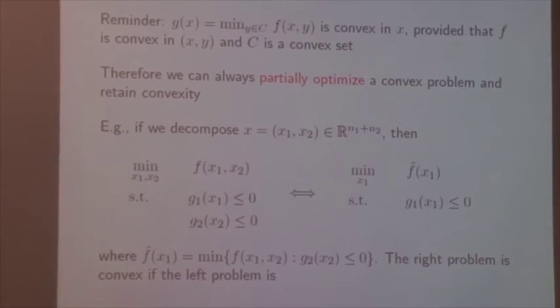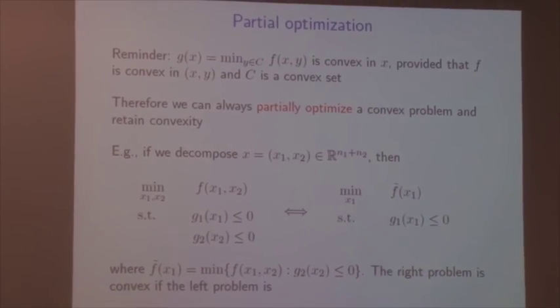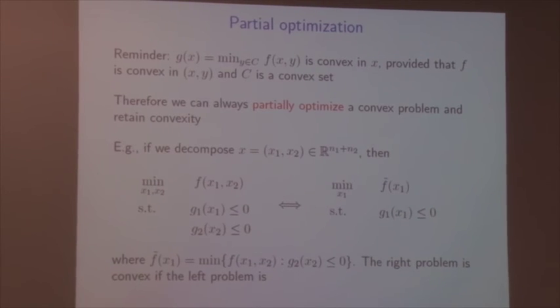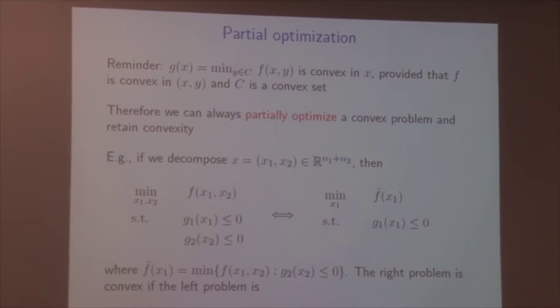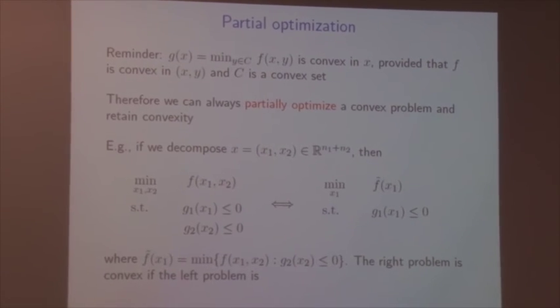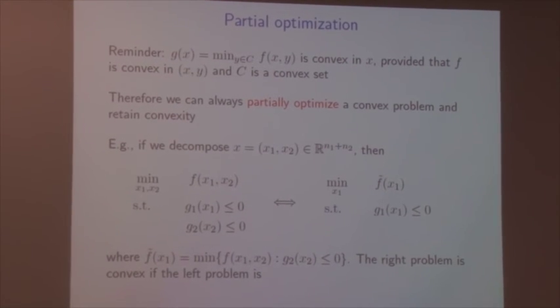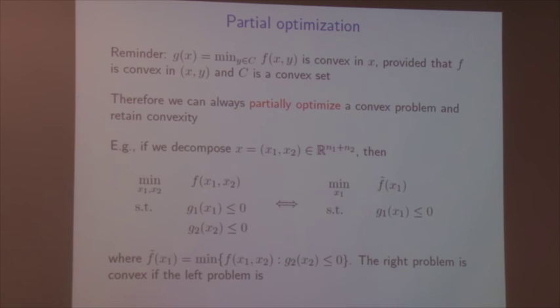So we actually talked about this last time when we talked about convex functions in general. We can always partially optimize a function and it will still retain its convexity. And that can be really nice for convex problems. So if I can divide the variables that I'm minimizing over into 2 blocks, let's say, I can completely eliminate one and still have a convex problem as a result.